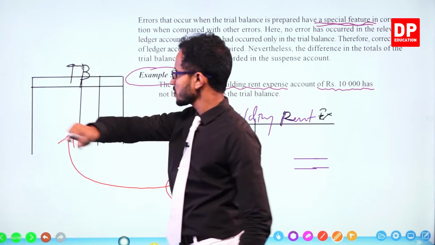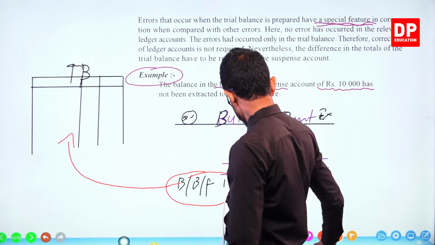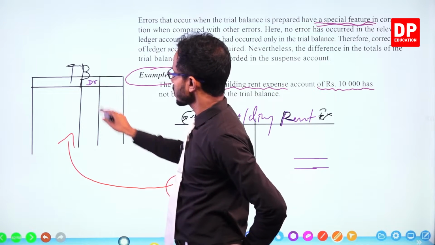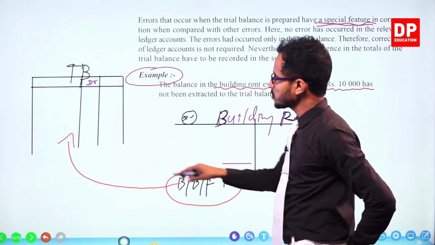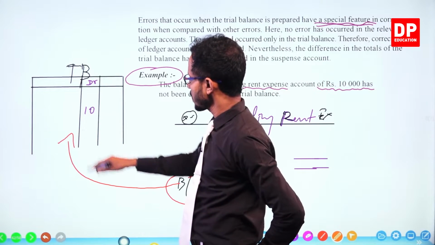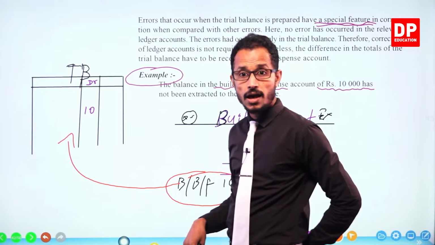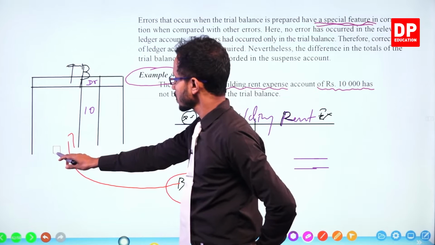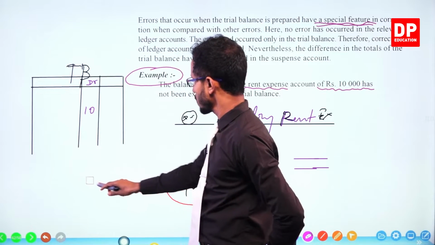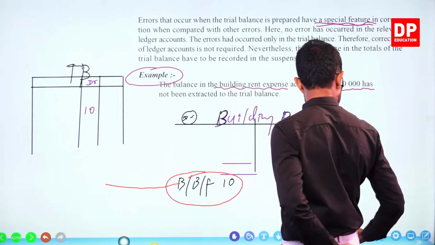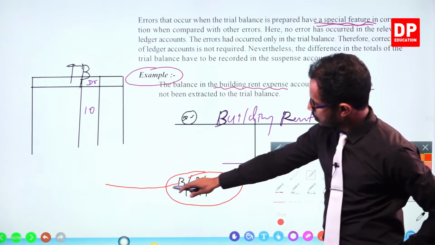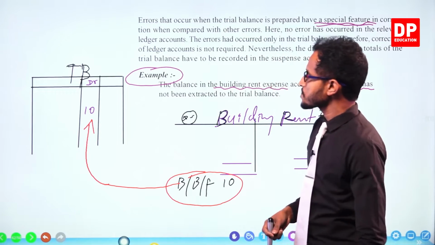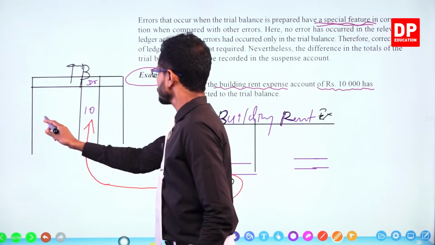In the trial balance debit side, this 10,000 should be in the debit side. This should go to the debit side, as building rent.